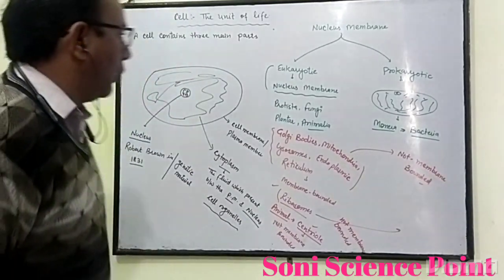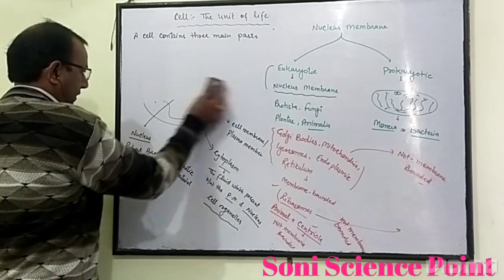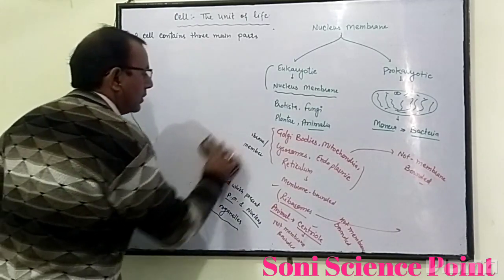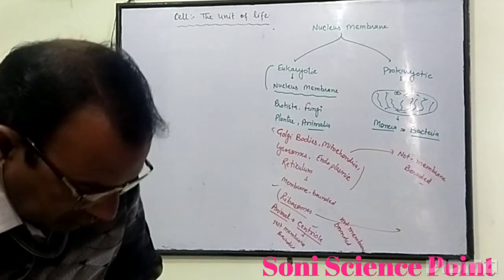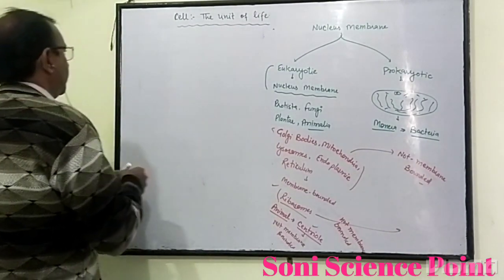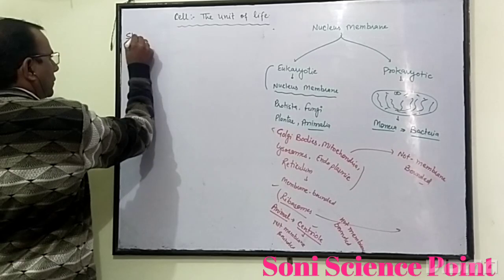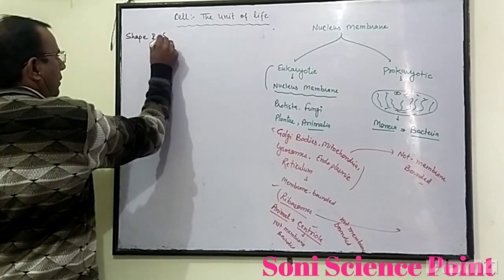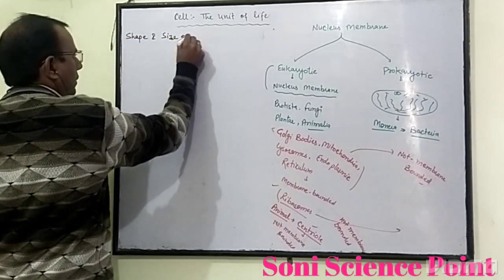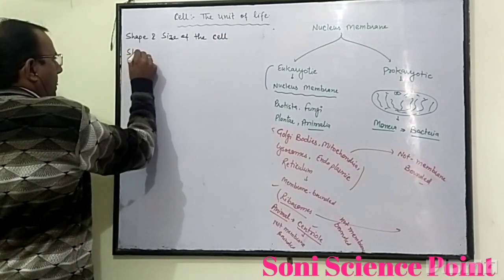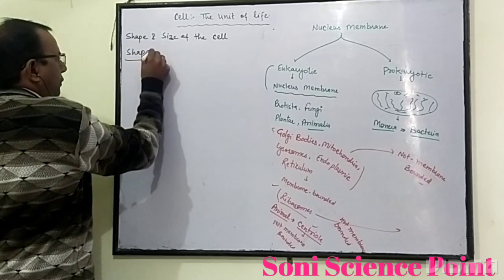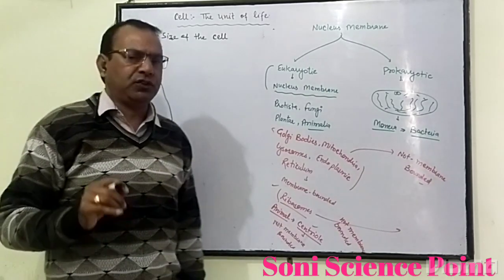Clear? Now, shape and size of the cell. The shape of the cell: cells of different organisms have different shapes.